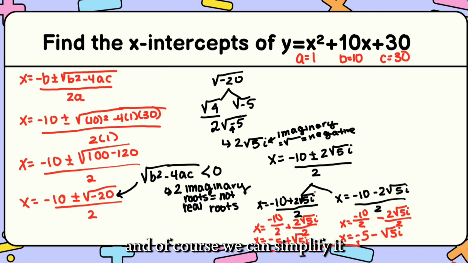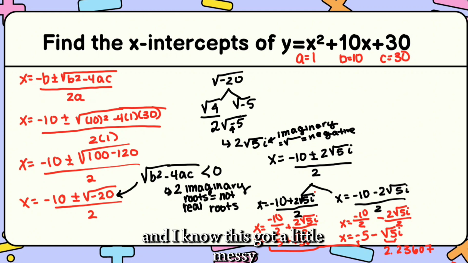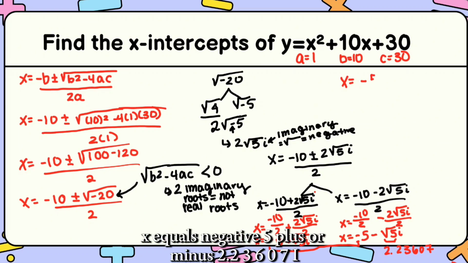And of course, we can simplify it, and we take the square root of 5 and we simplify it to 2.23607. And I know this got a little messy, so I'm going to rewrite it together. X equals -5 plus or minus 2.23607i.